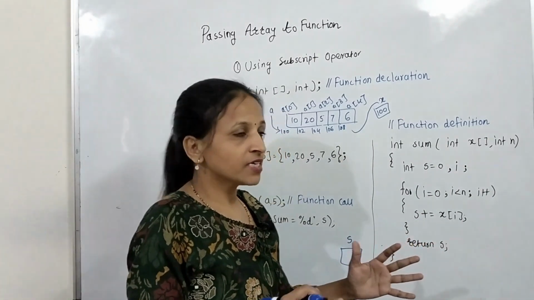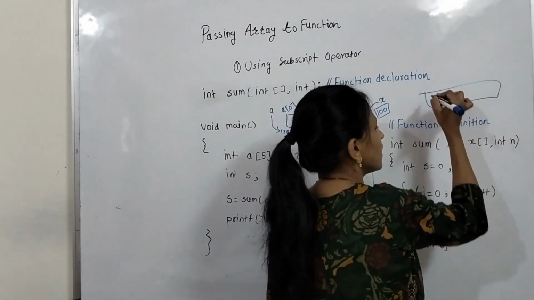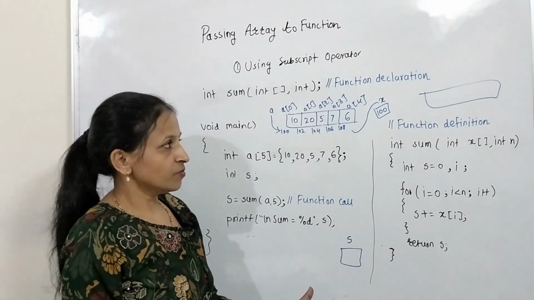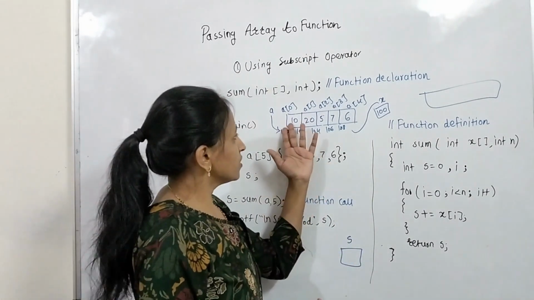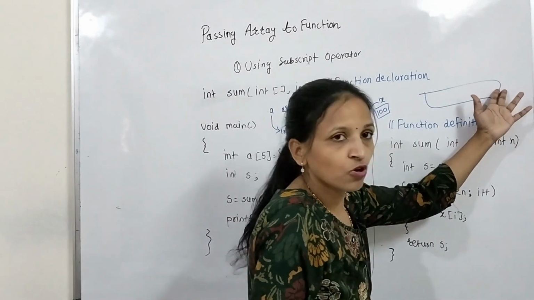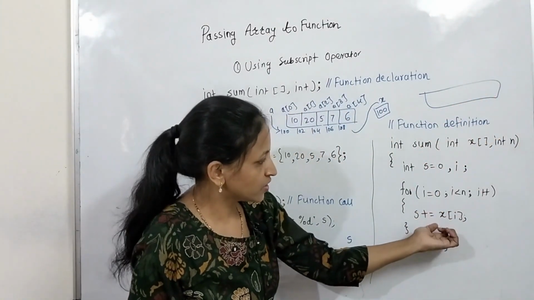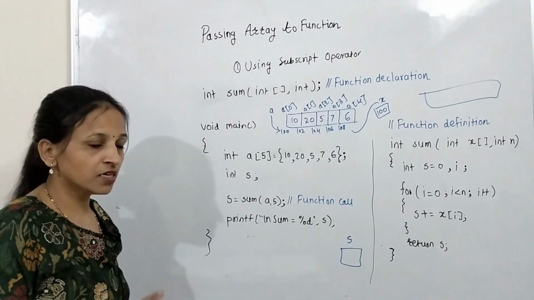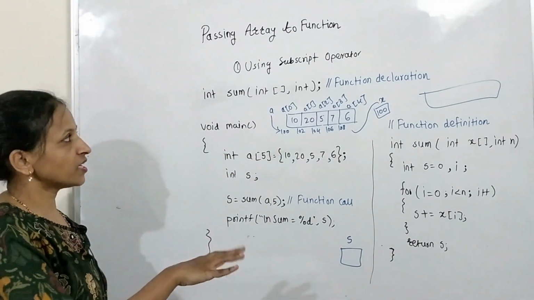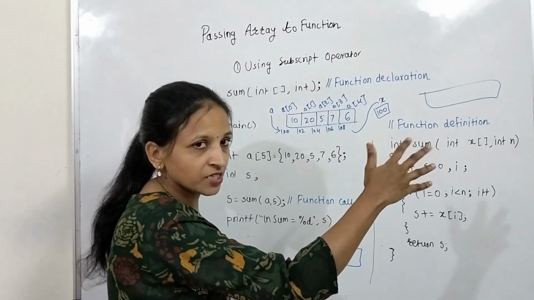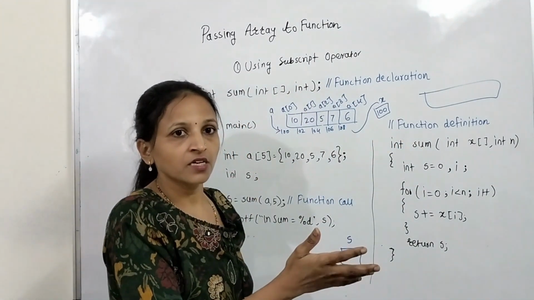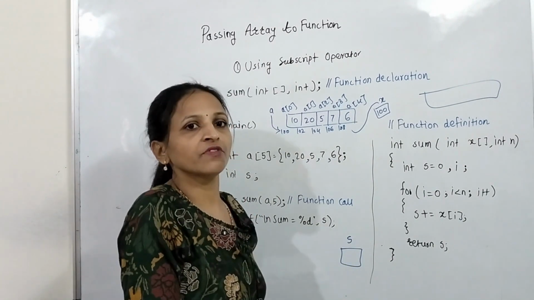Not like that, where for x those 10 bytes get created and all the individual elements get copied into x, meaning we fetch x of 0, x of 1. Not like that. See here, whether you are passing the array with the help of the subscript operator, or one more way we are going to learn, that is with the help of a pointer, in both cases the same thing will happen.